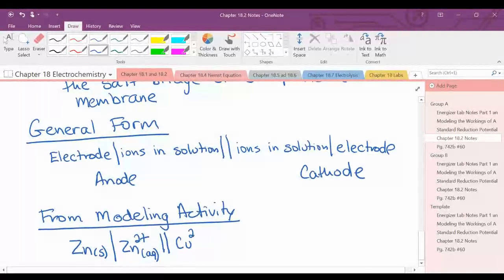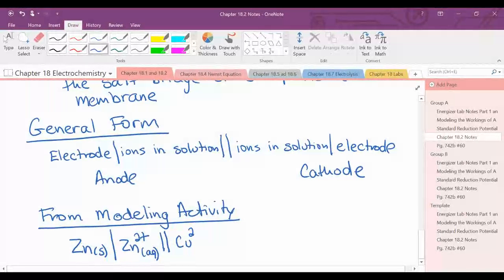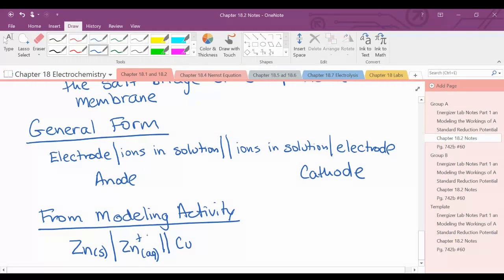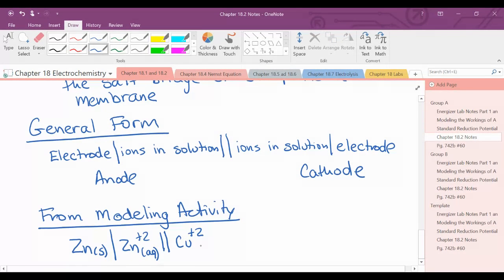There were copper cations in solution, and then solid copper electrode.